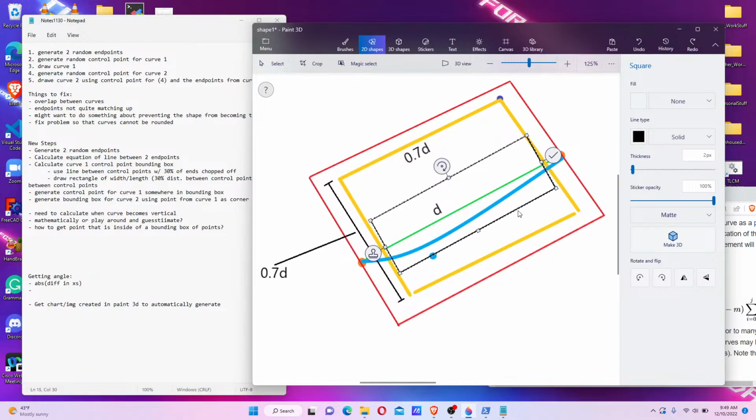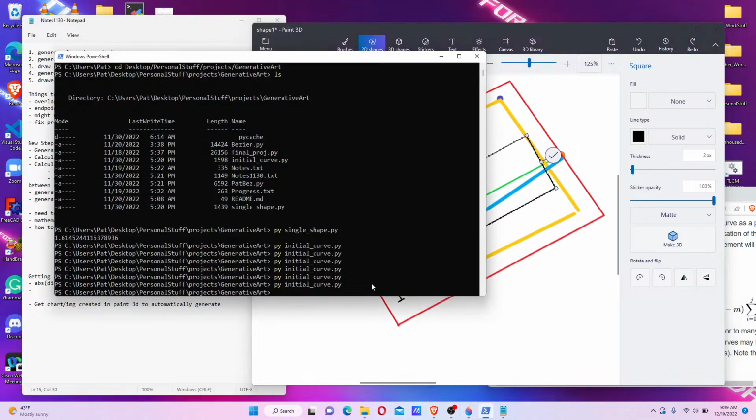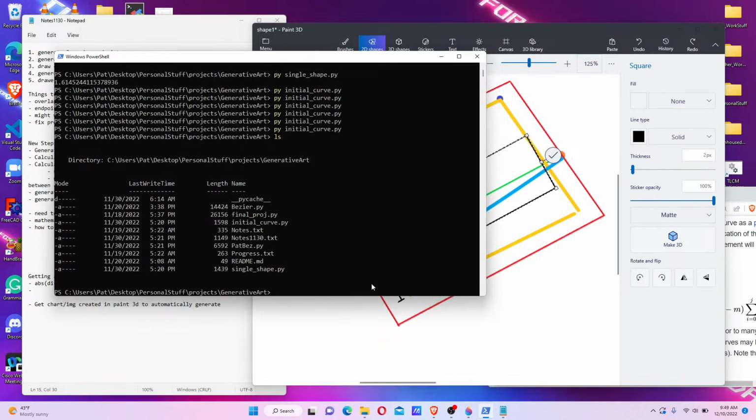Because if the point ends up somewhere here, no, I think that would be fine. It would be a straight line. Well, I guess that will be fine. I can go with that as the second bounding box for now. And then if the shapes don't look good, then I can always change it.